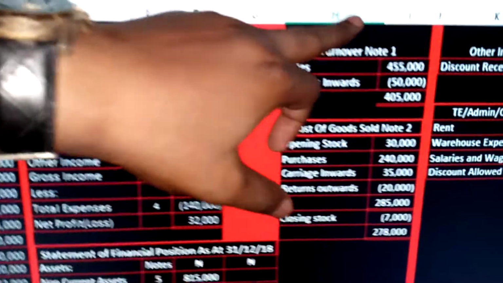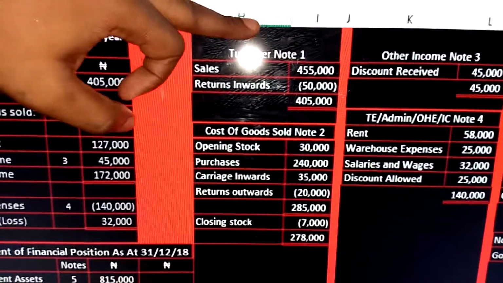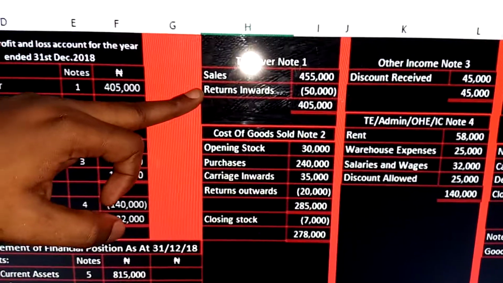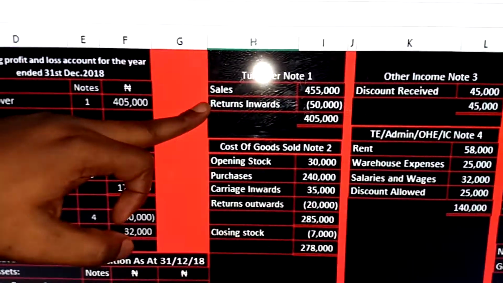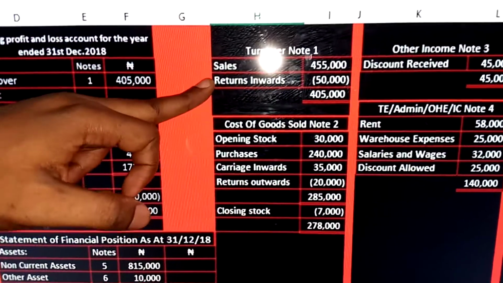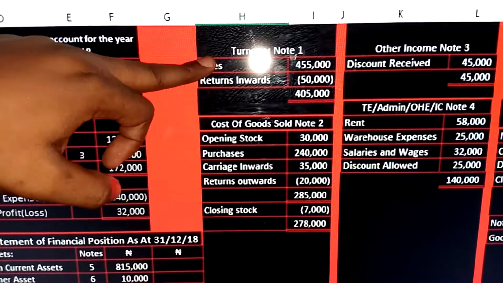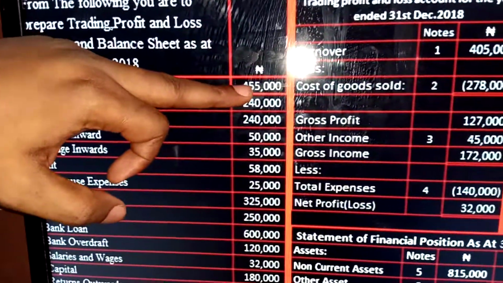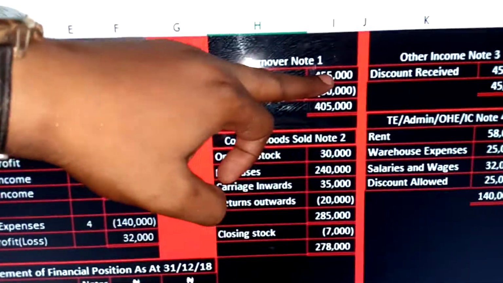Now, how did we get 405,000? That's the note 1 here. Note 1 is a function of what? Sales and returns inward. What is sales? Goods sold. What was returned inwards? Part of the goods sold that was returned back to the business. So our sales, according to the question, is 455,000. That's what we've picked here.